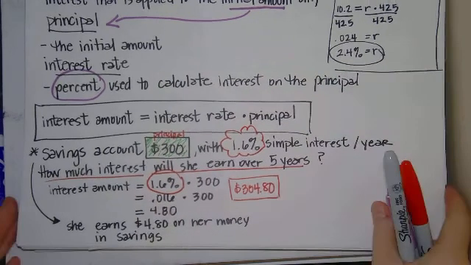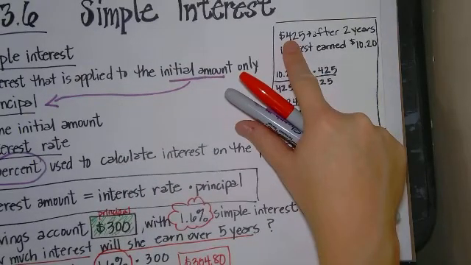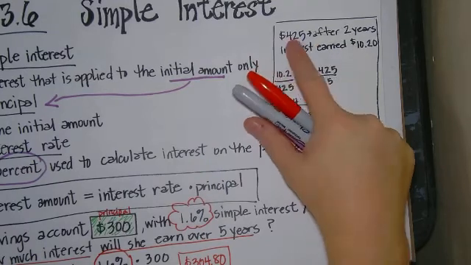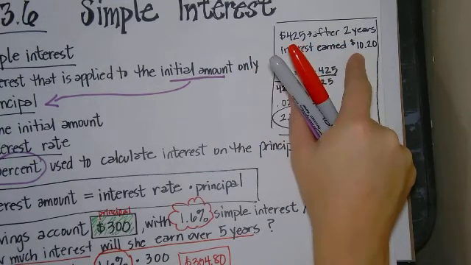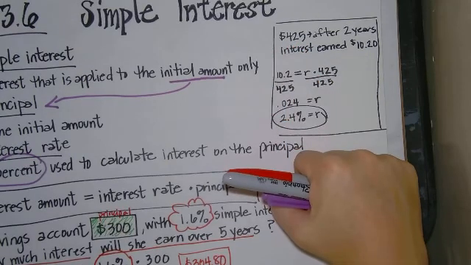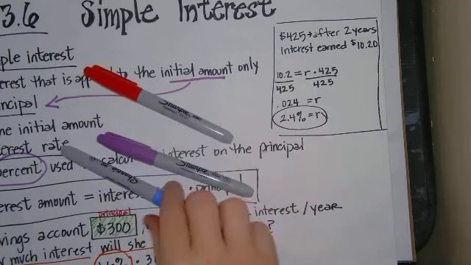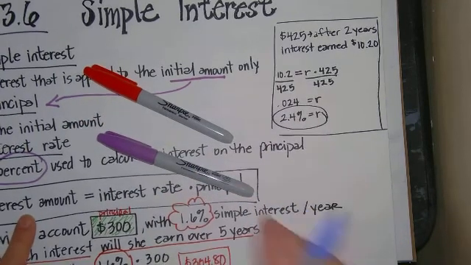Okay, let's look at one more example. Let's say it's $425, and after 2 years, so you had $425 in your bank account, and then after 2 years, you had earned $10.20. We're trying to figure out what rate that was. Like maybe you put your money in the bank and then you forgot, oh, what was that interest rate?